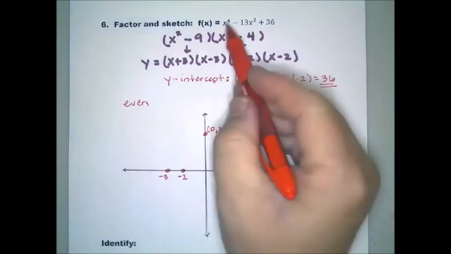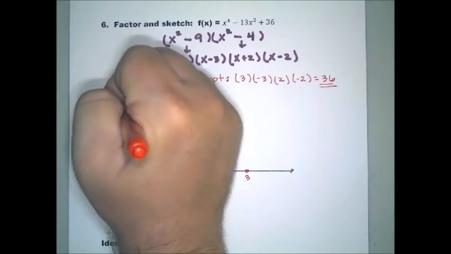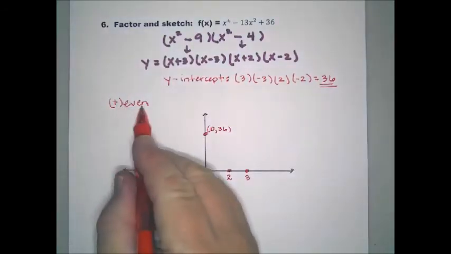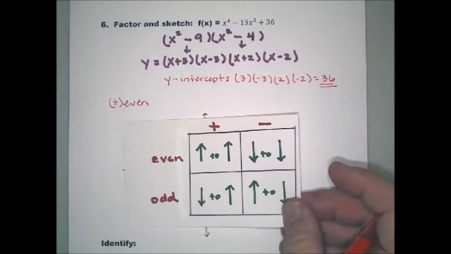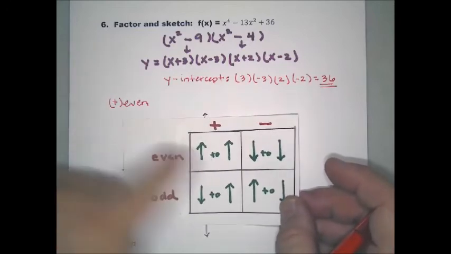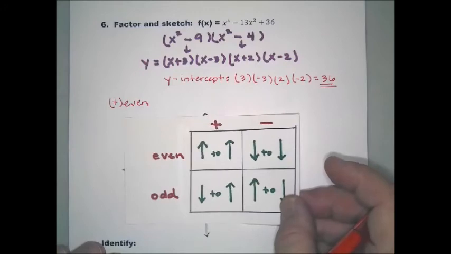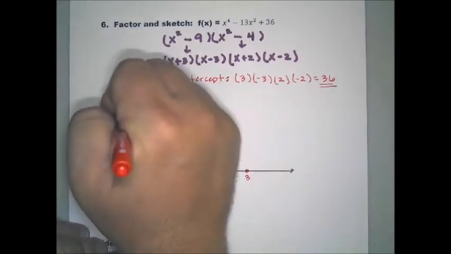And the fact that there's a positive 1 in front of it means positive even tells me how this graph behaves. And if you go back and look at the chart, positive even is right here, high to high. So that's what this graph does. It starts high and it ends high.